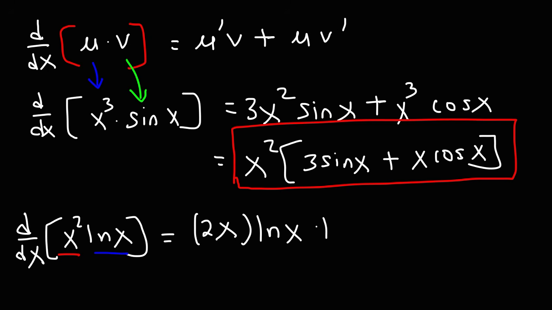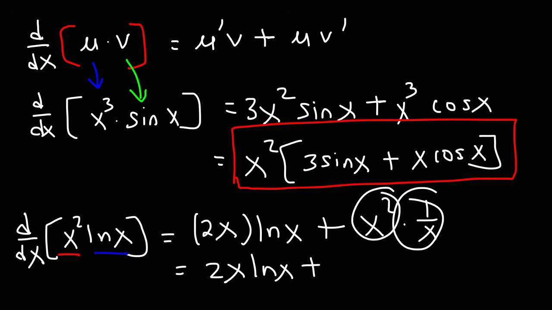We're not going to change that. Plus, let's rewrite the first part, x squared, and then let's take the derivative of the second part. The derivative of ln x is 1 over x. So we're going to get 2x ln x, and then x squared times 1 over x, that's like x squared divided by x, which is x.